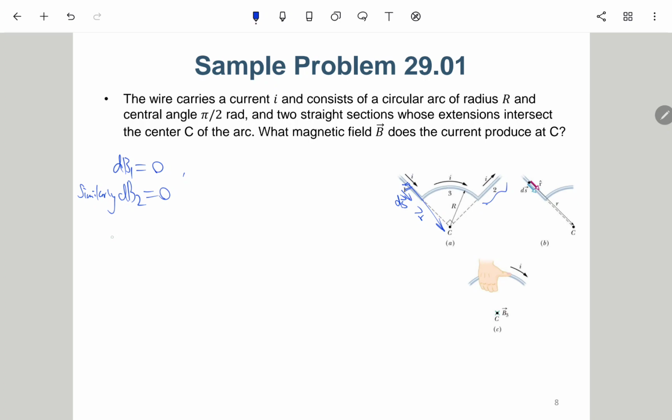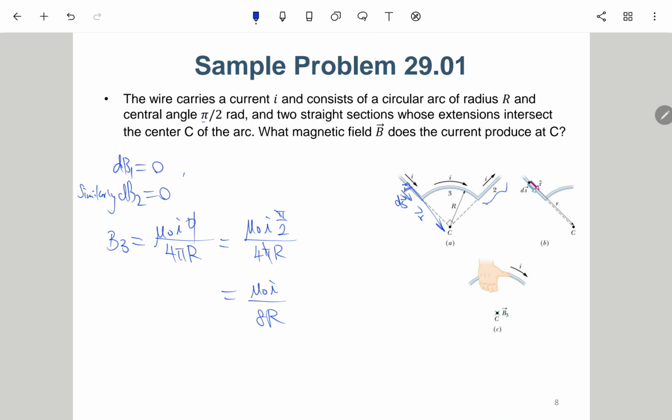So for B3, it is actually mu 0 I times phi over 4 pi R. So actually this phi is pi over 2, so it is nothing but pi over 2 and then 4 pi R. Okay, so finally pi and pi cancel, so it turns out to be mu 0 I over 8 R.